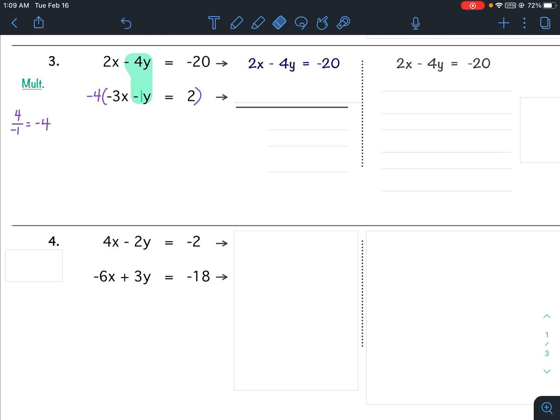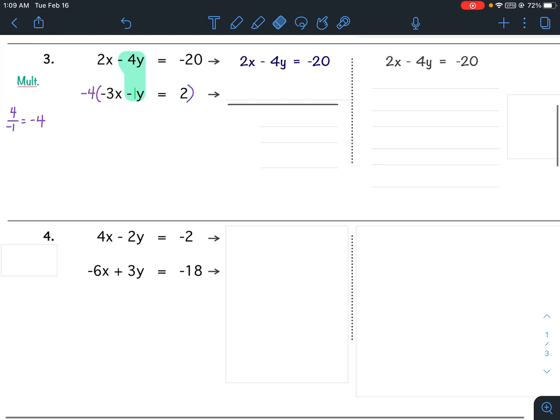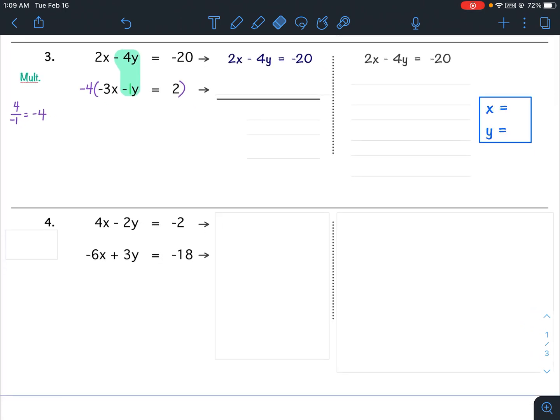You'll end up eliminating the y term, so you'll solve for the x term first, and then you'll plug it into that equation on the right there, and you'll solve, and you'll get an x equals and y equals. Again, multiply the bottom equation by -4 to get your opposite so you can eliminate the y.